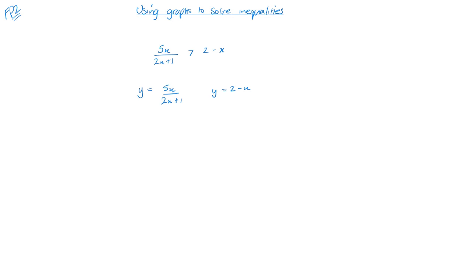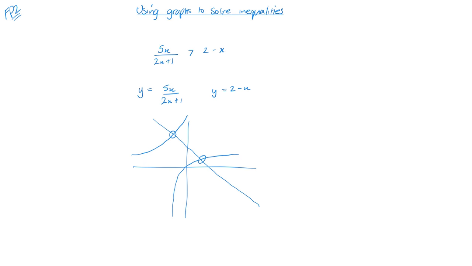And when I sketch the two graphs, the first one will be some sort of asymptote, something like that, and then the 2 minus x will be something like that. Okay, but we'll still need these 2 points, these 2 coordinates.